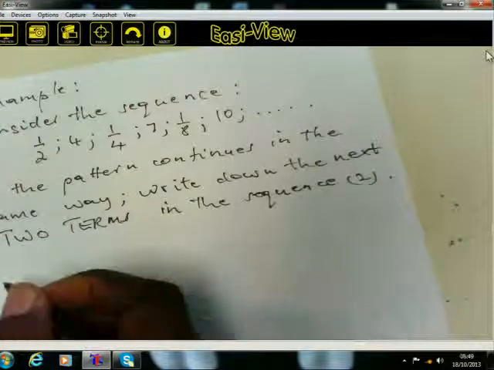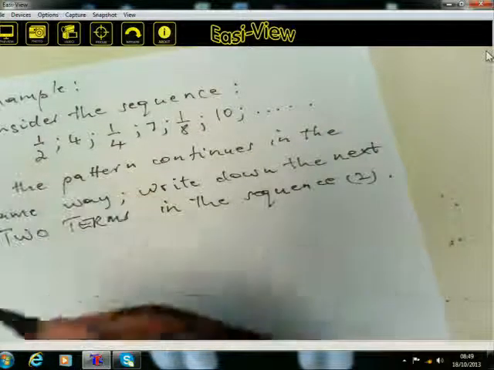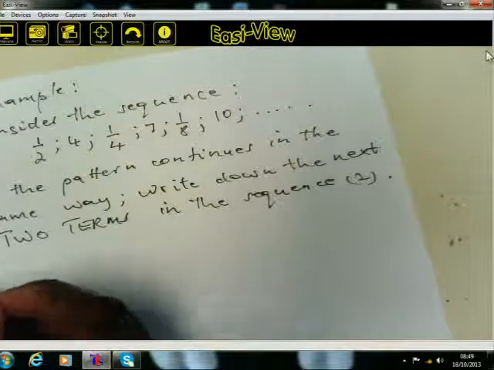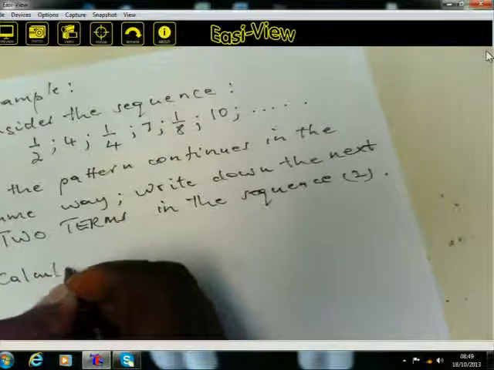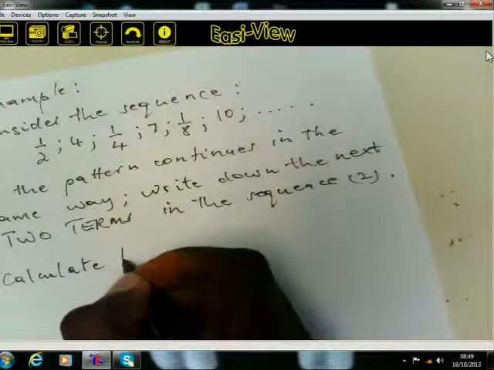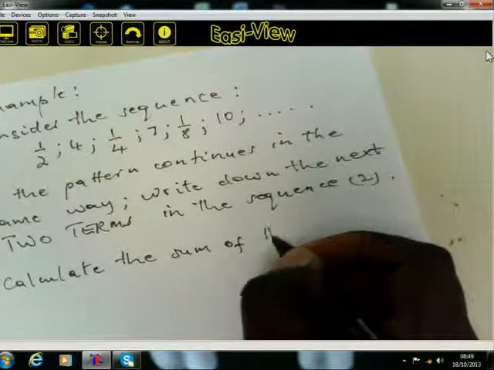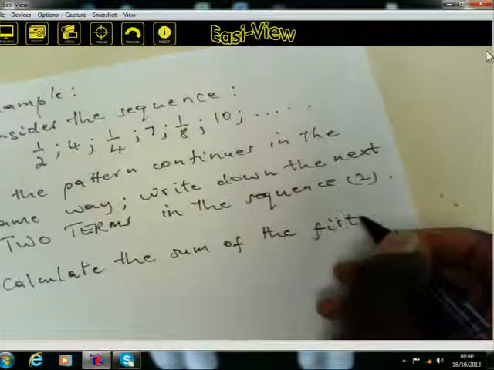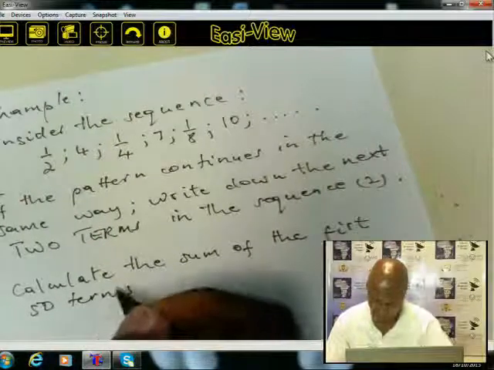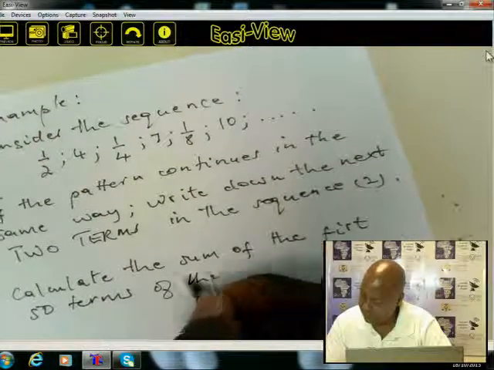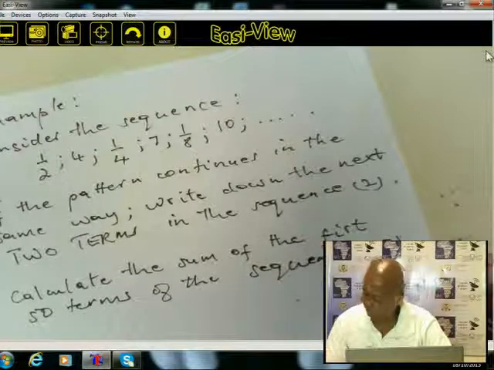And then the second point is this one. Calculate the sum of the first 50 terms of the sequence, and then it has 7 marks.